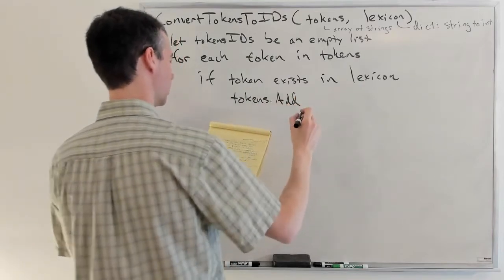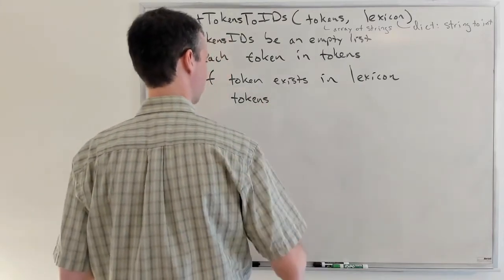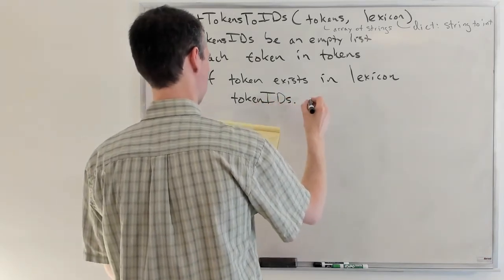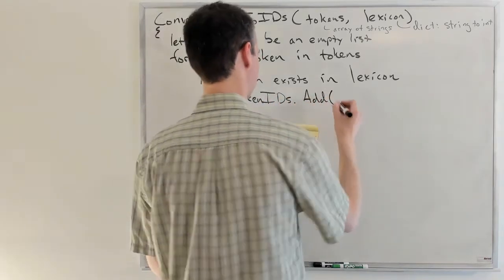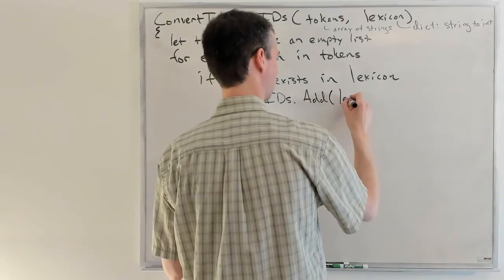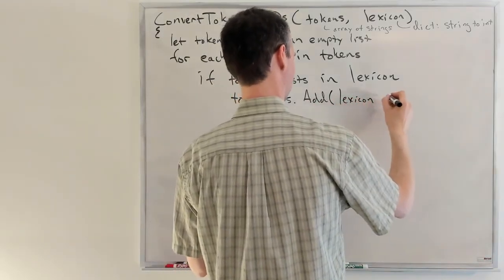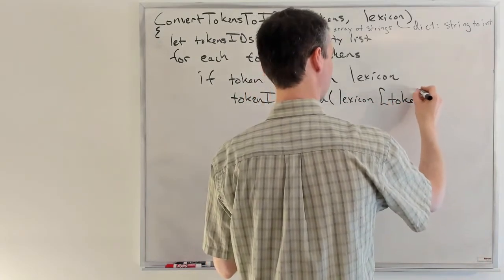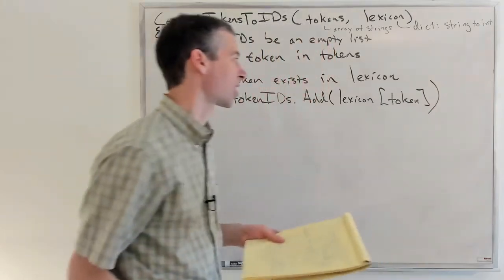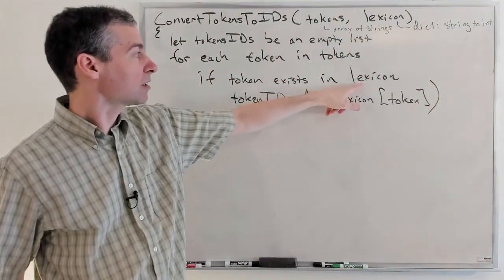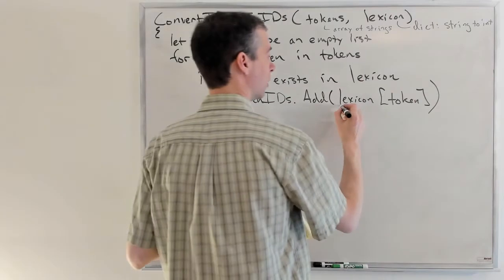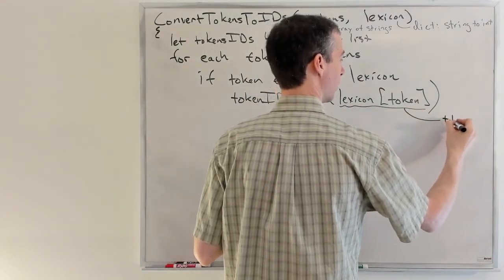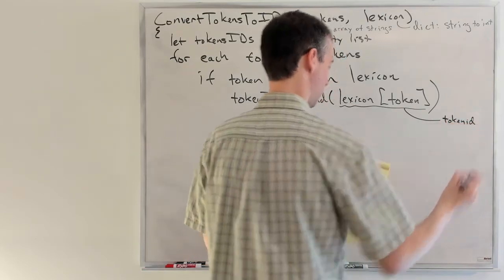We're going to add to our list of token IDs. Since it already has seen it, we can simply do a lookup of it. And so when we make this call, this is going to return the token ID. Okay.